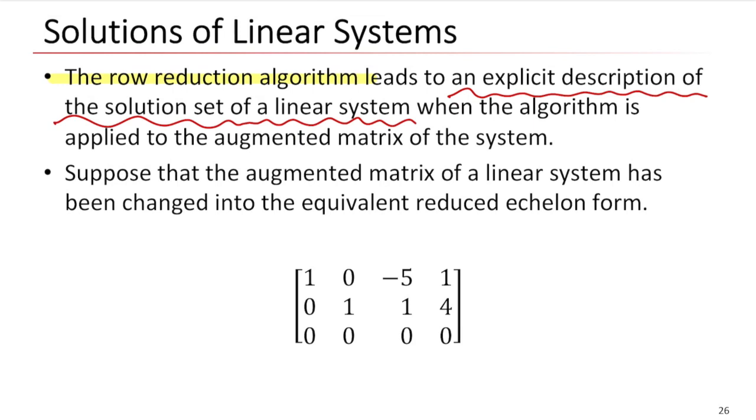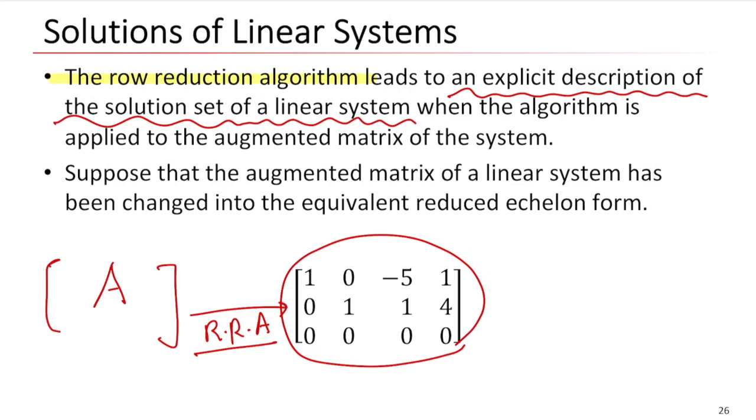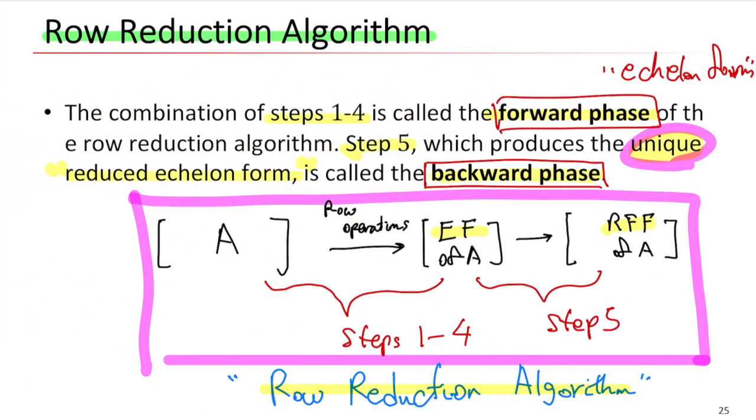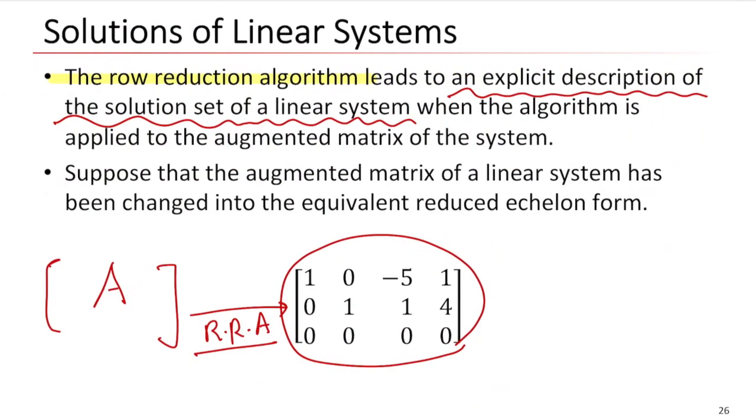What does that mean? Let's say we have some arbitrary matrix, then we apply the row reduction algorithm, let's say RRA. Then we found this reduced echelon form, right? Because we have two pivot positions here, and the part above and below is 0 like this.